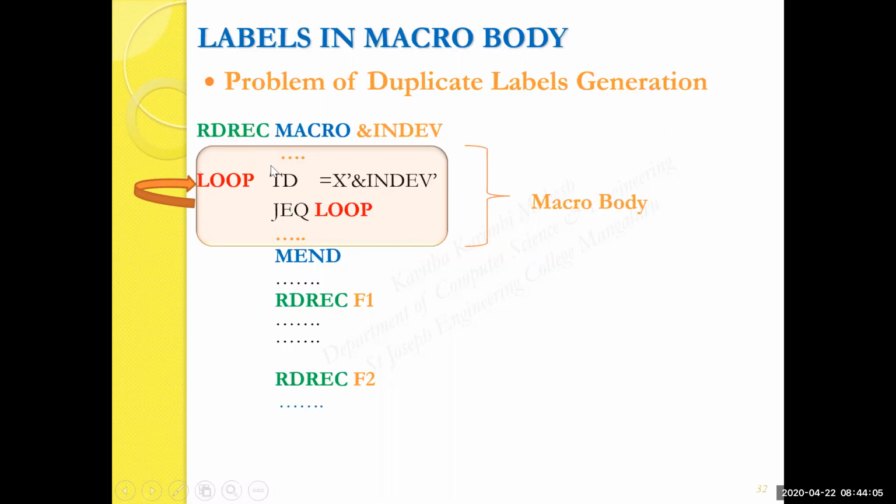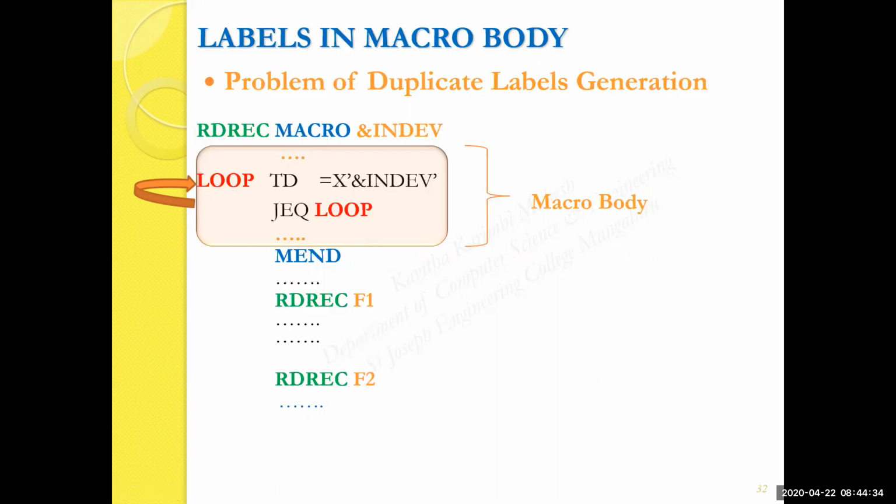So the macro definition has two statements here, including certain other statements which are not of importance here. So what happens when this macro RDREC is being invoked with an argument, say F1. We have called the macro here, we have one macro invocation, namely RDREC F1, and the same macro is invoked with another argument F2 at some different point of the source program.